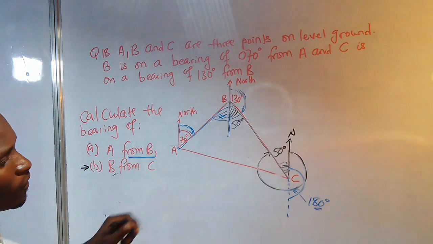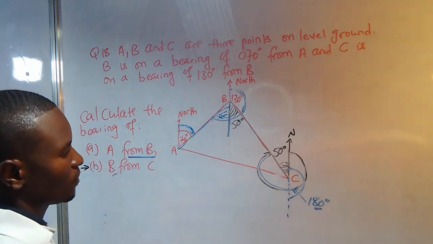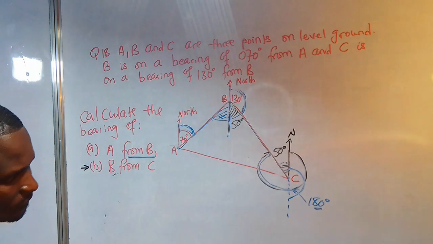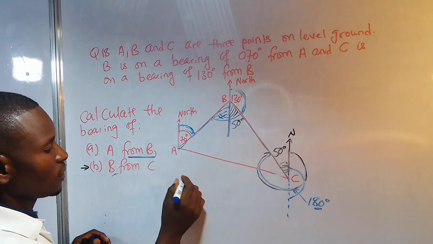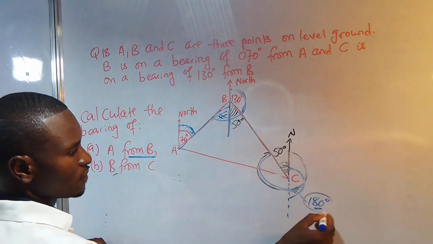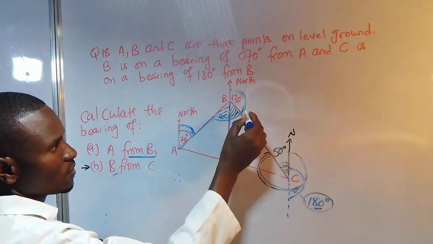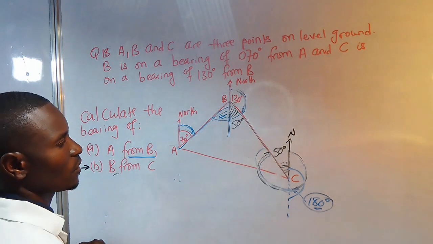Therefore, we take this 180 plus this angle, which is alternating with this one.